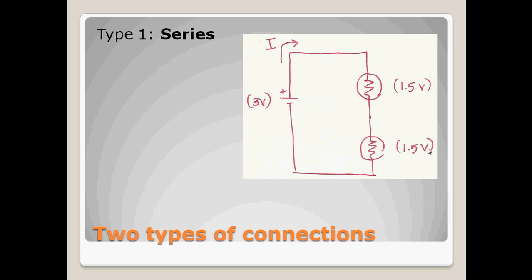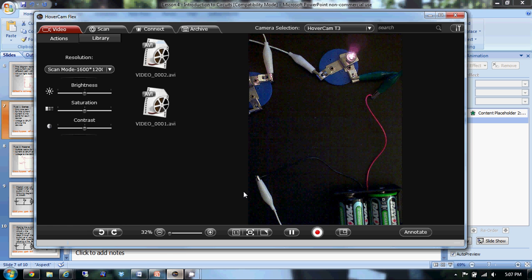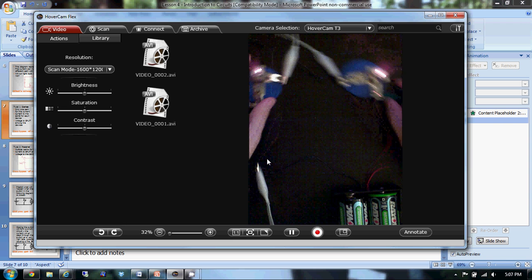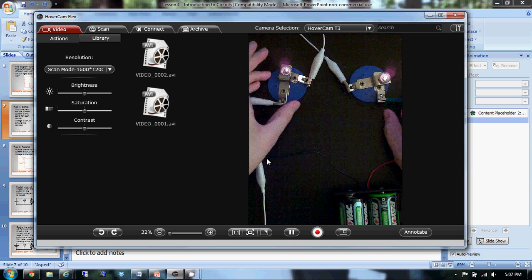These two light bulbs are said to be connected in series, basically because the current has to travel through both of them in order to get from one end of the battery to the other. Now when we construct that, we end up with something that looks like this.